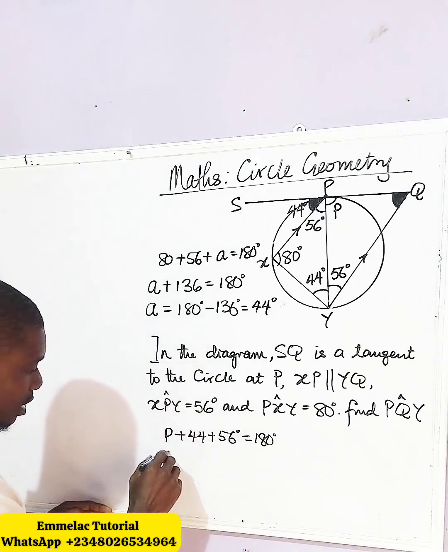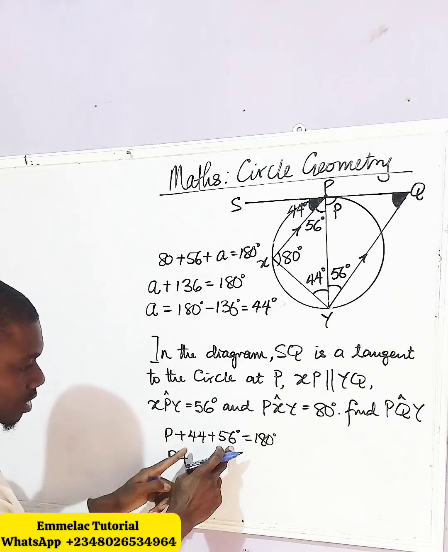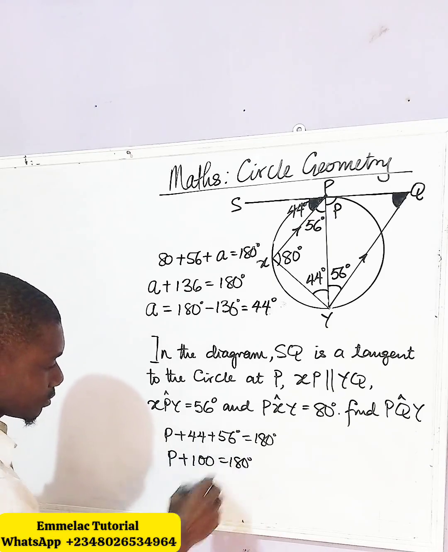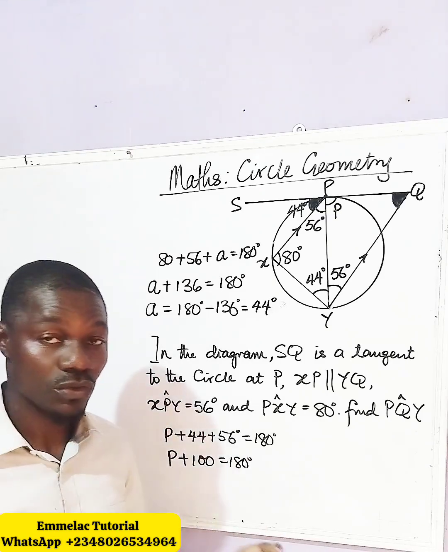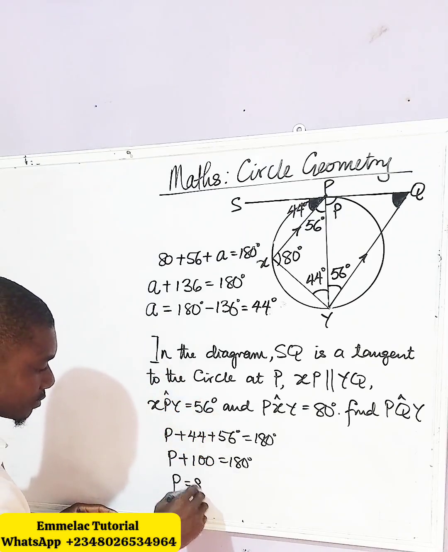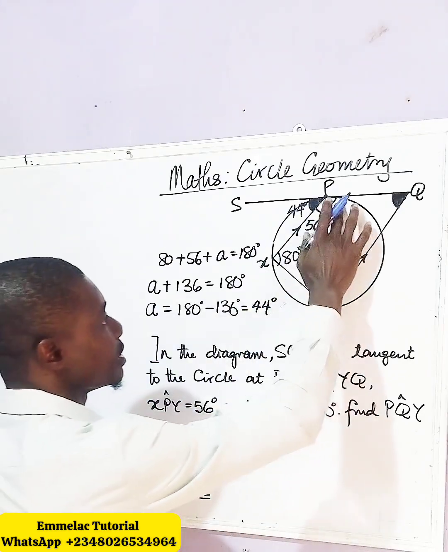When we add this together, p plus 100 equals 180. So when we subtract 100 from both sides, this will give us 80. So here is now 80.